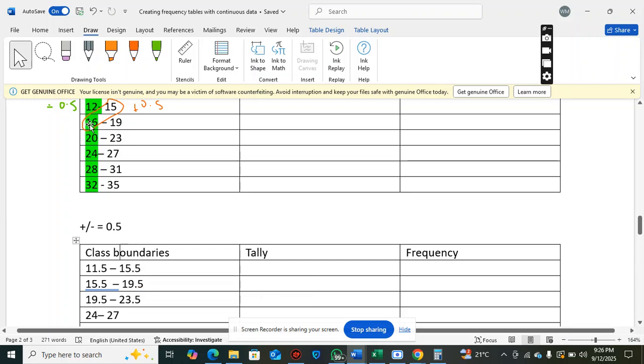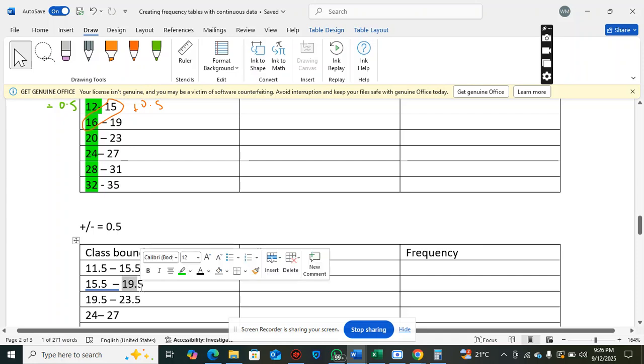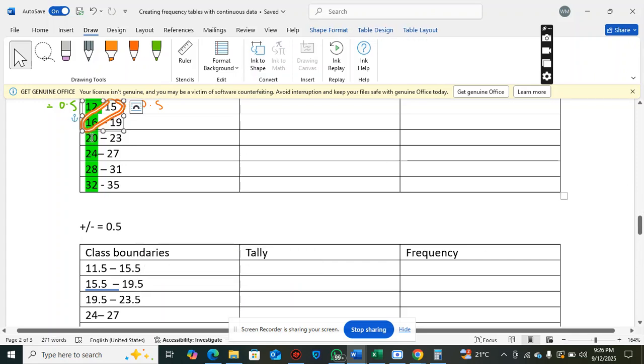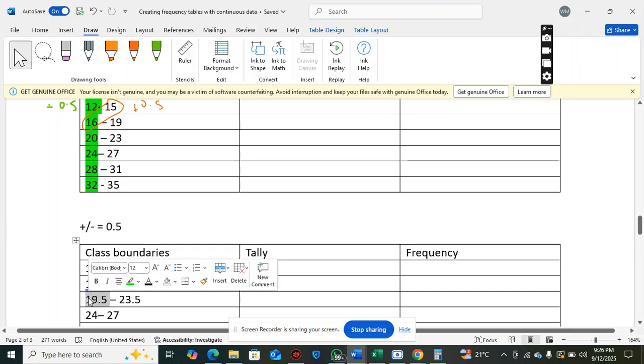You go to the next class, 16 minus 0.5, 15.5. 19 plus 0.5, 19.5. We come to the next class, 20 minus 0.5, 19.5 here.